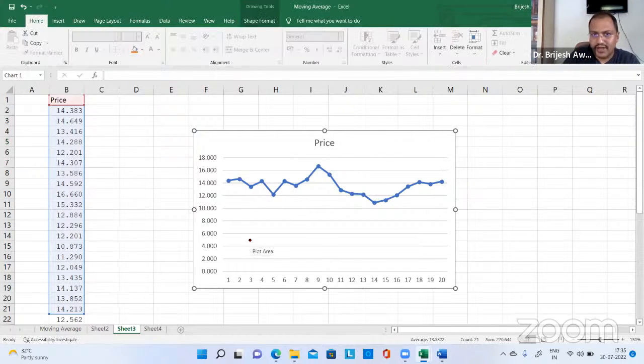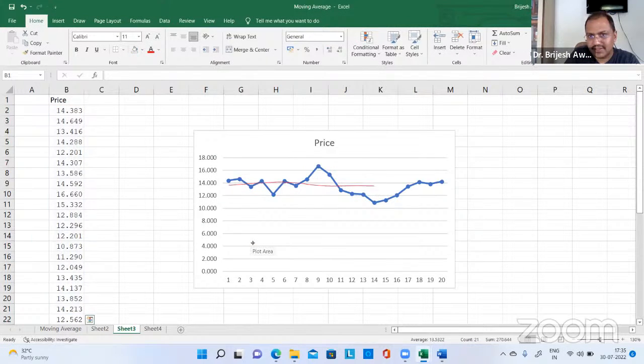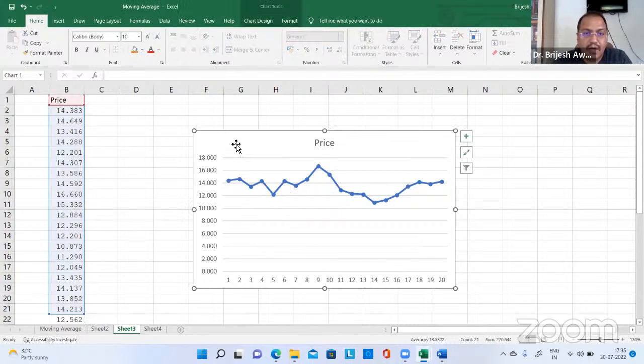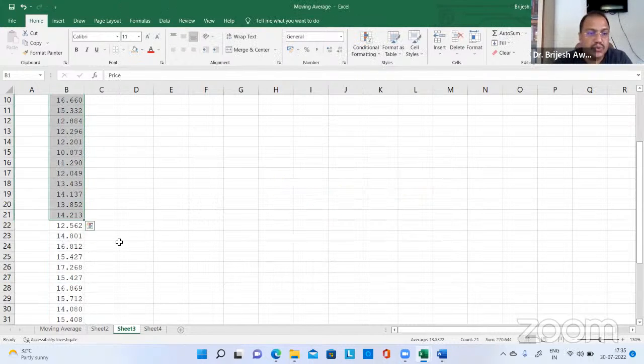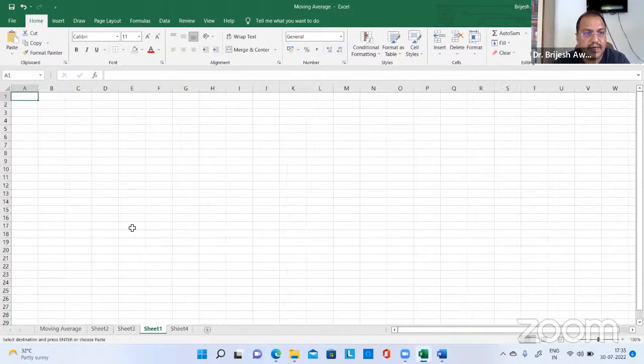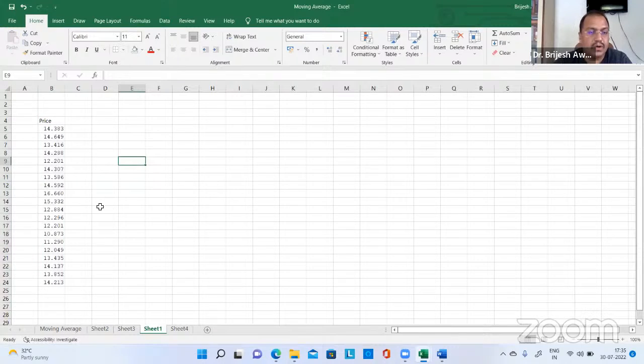The straight line is like this, and we are moving around it. Okay. Now what I'll do, I just cut it with Control X, come to the next sheet, Control V.